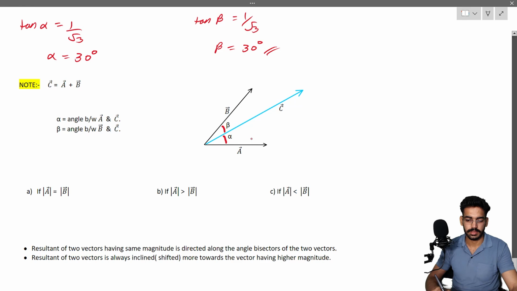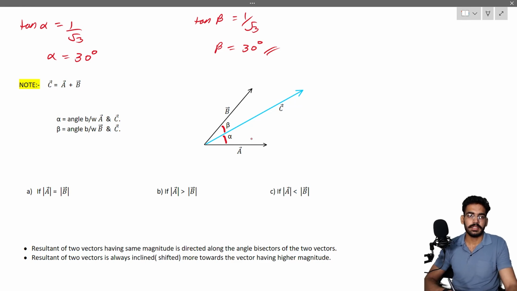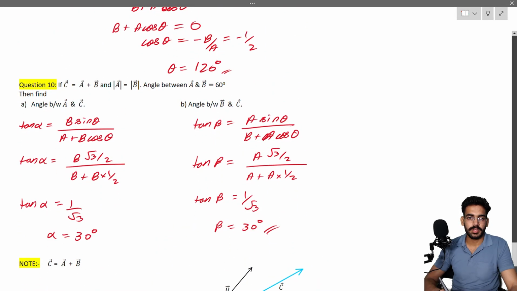Okay, let's see the note. So what is the note? It is saying if c vector equals a vector plus b vector, and alpha is the angle between a and c and beta is the angle between b and c. Okay, right, this is the condition. Now if a and b are equal, so we see in the question also, if a magnitude and b magnitude are equal, then here alpha and beta are coming the same value.